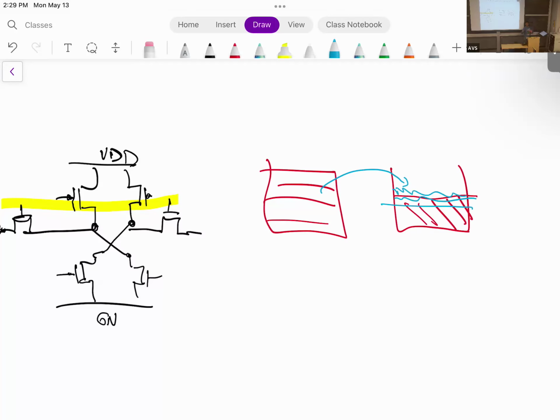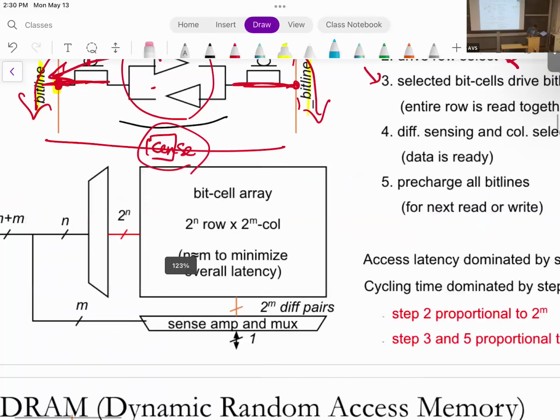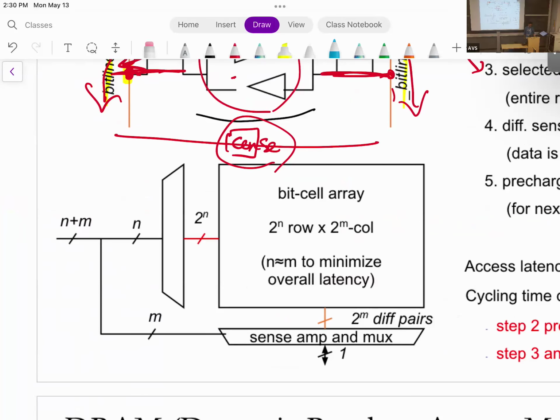And then you do it in both sides. So each side is kind of different, right? Whatever you do on the right side, the exact opposite happens on the left side. As a result, you will see a bigger difference, essentially the amount that you added versus the amount that you removed. So this is how you're going to read this. So this is how we read from an SRAM.